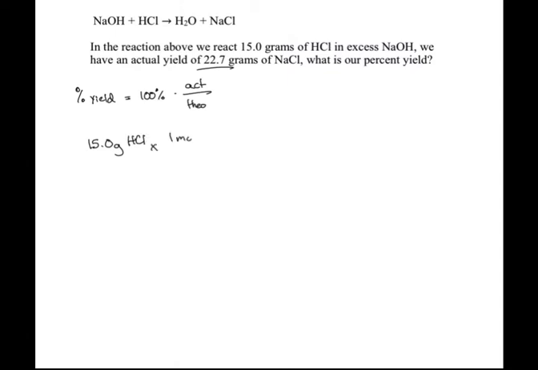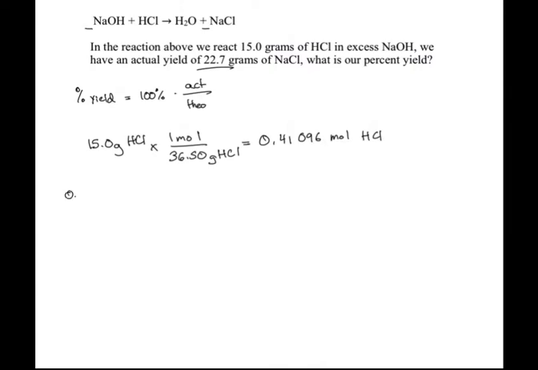So it's 1 mole per 36.50 grams of HCl. And this is going to give us 0.41096 moles of HCl. And then we're going to use our stoichiometry. So our stoichiometry is 1 to 1 here.